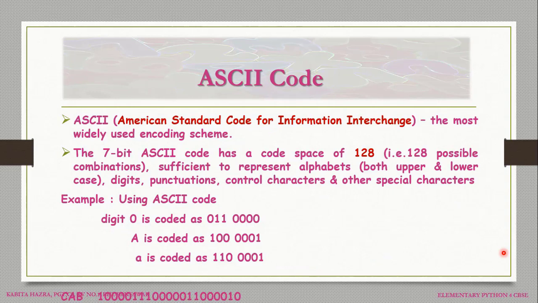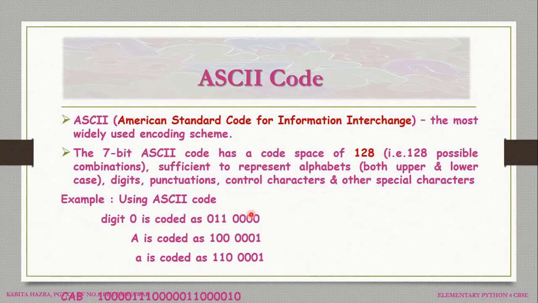It is the most widely used encoding scheme. It is available in 7-bit as well as 8-bit code. The ASCII 7-bit code has a code space of 128, that is 0 to 127, which is sufficient to represent alphabets both in uppercase and lowercase, the digits, the punctuations, the control characters and other special characters.